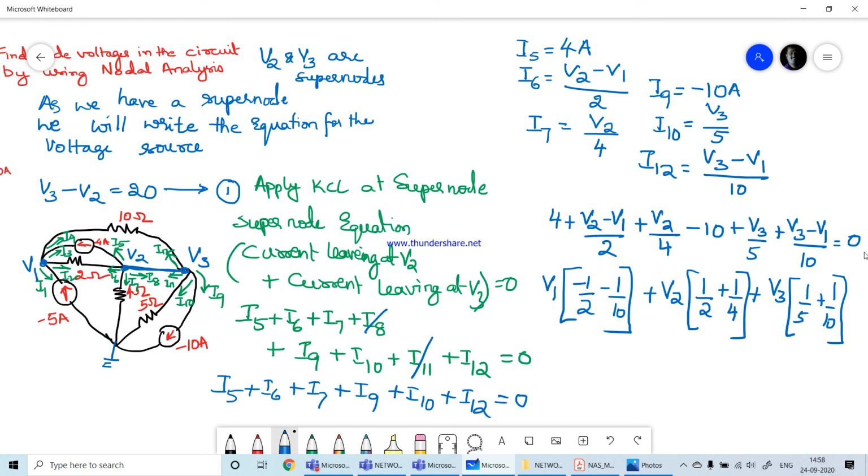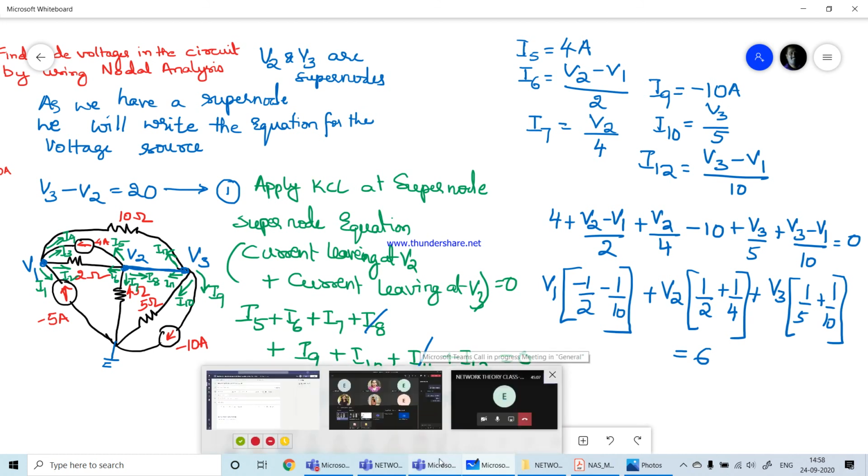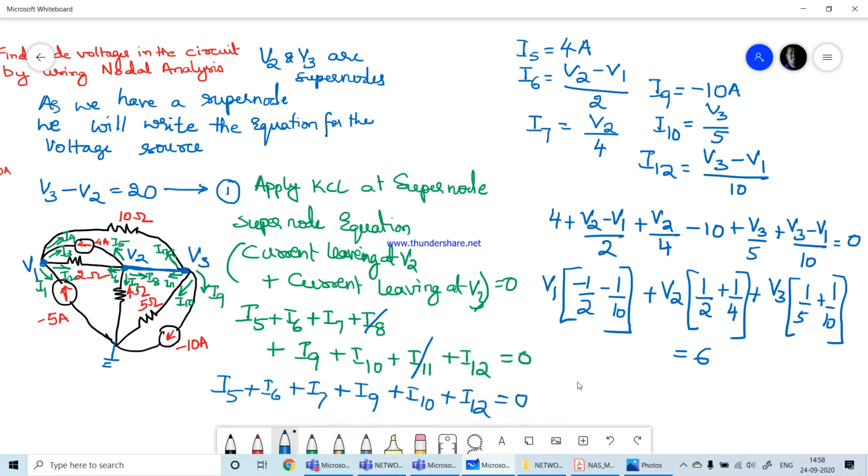If I take it to the right hand side, it becomes equals 6. So now can someone tell me what is the V1 coefficient that we get? Minus 1 by 2 minus 1 over 10.